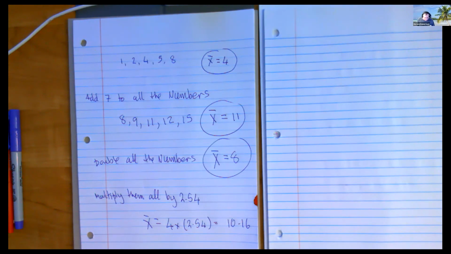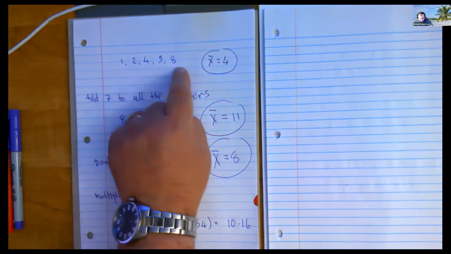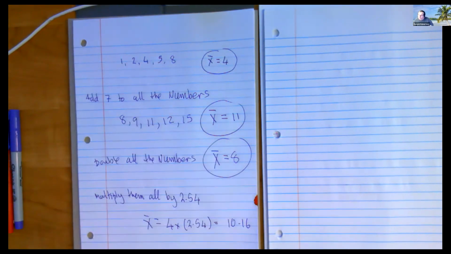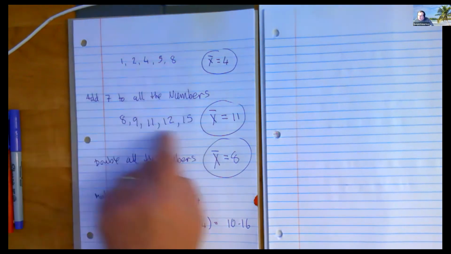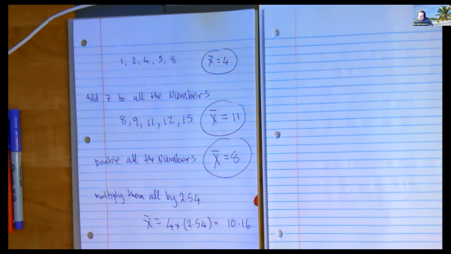So what's the bottom line here is, if you take data and you double it, don't you double the mean? If you take data and you add 10 to it, don't you just add 10 to the mean? Right. Do you think that's going to be true if I take the same data and found the median? Right.